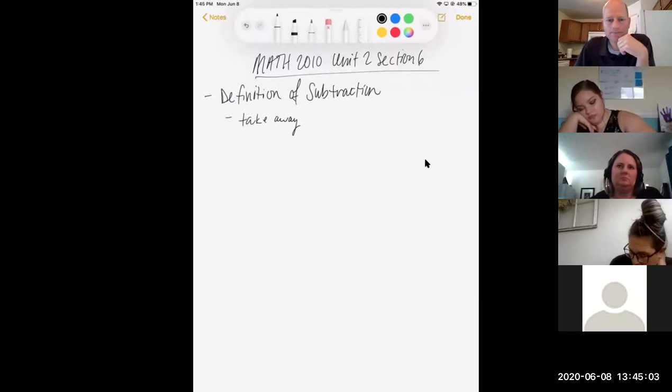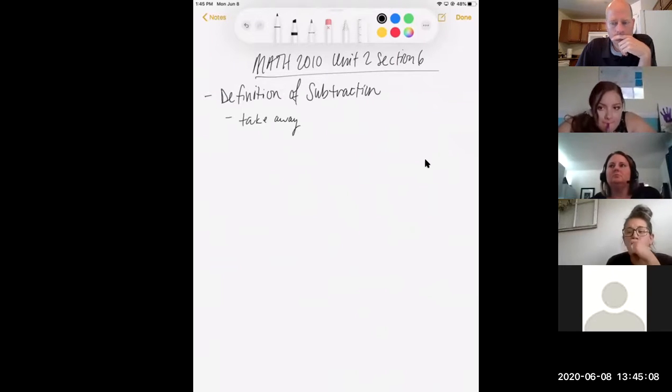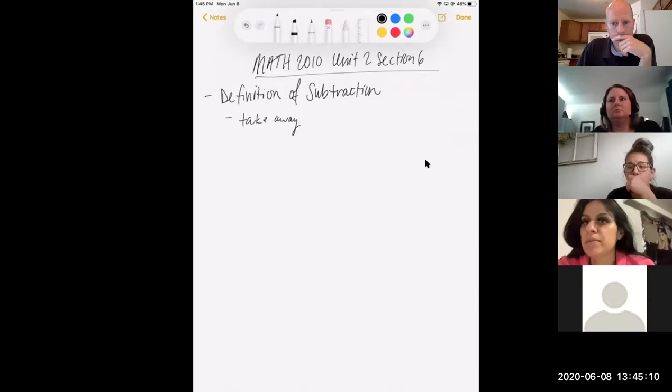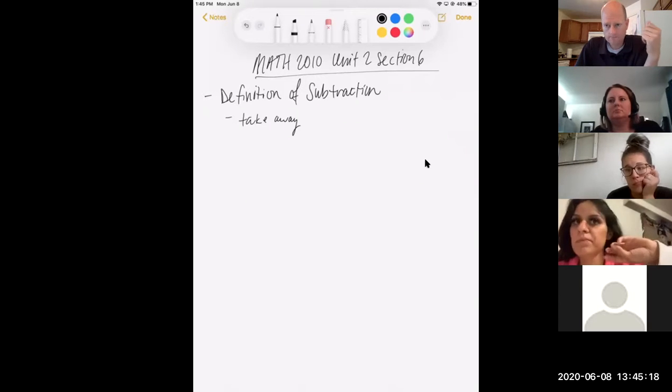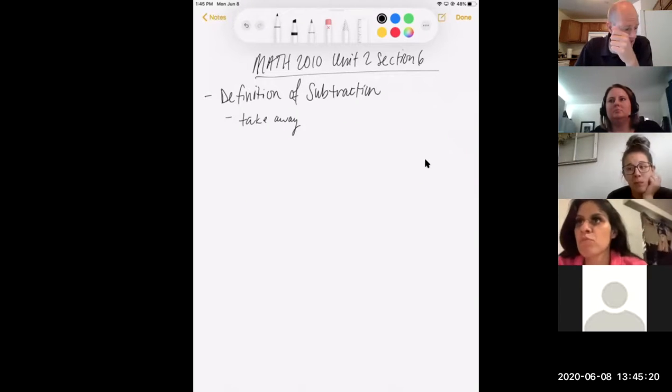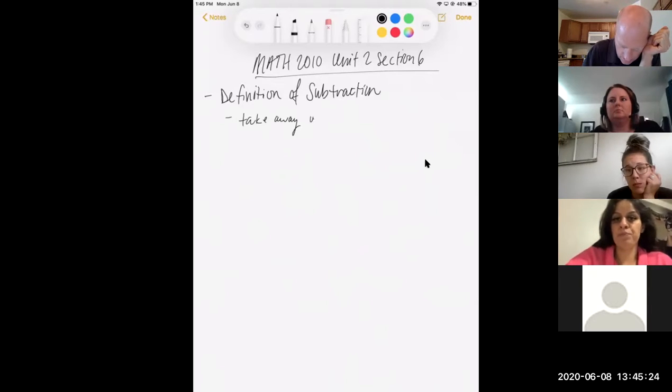Any other thoughts? You can't take away something if it doesn't have it. So it's like the same quantity, you're taking away the same thing from it. Yeah, they have to be like quantities. Okay, that's important.